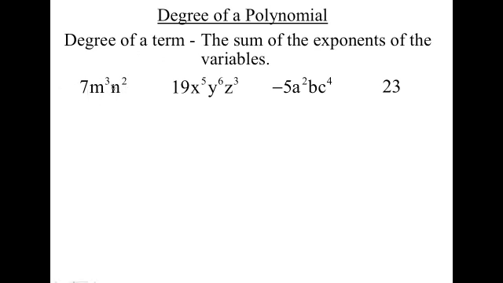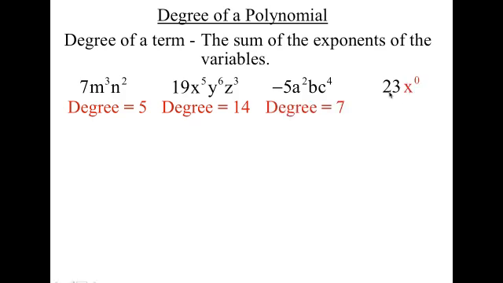So for instance, the degree of this term is 5. The degree of this term is 5 plus 6 plus 3. The degree of this term is 2 plus 1 plus 4. So that makes 7. And the degree of this is 0.